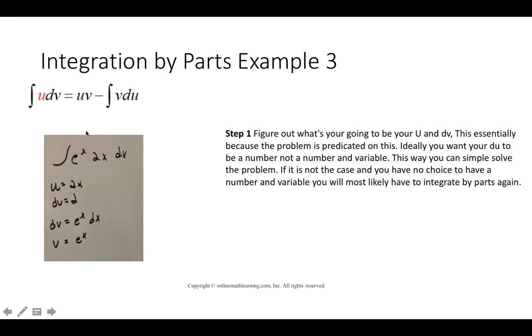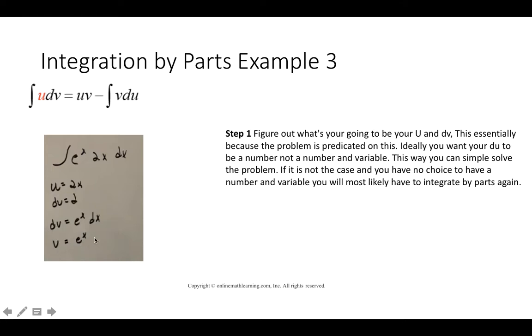So we pick our u and our dv. I'm going to pick u to be 2x because my du is going to equal 2, which will stop me from having to integrate by parts again. And my dv is going to be e to the x dx. When I integrate this, I get v equals e to the x.